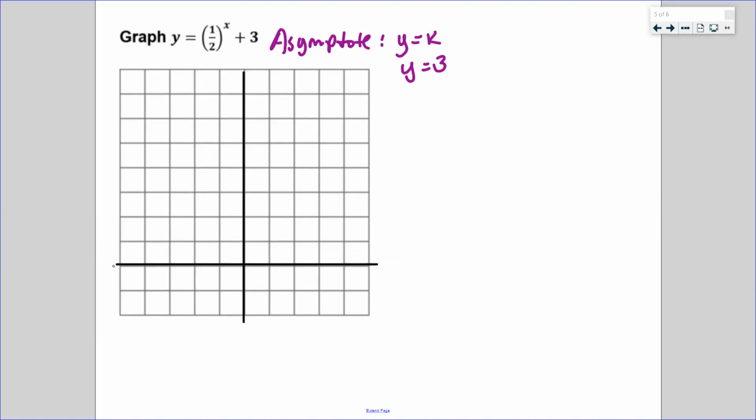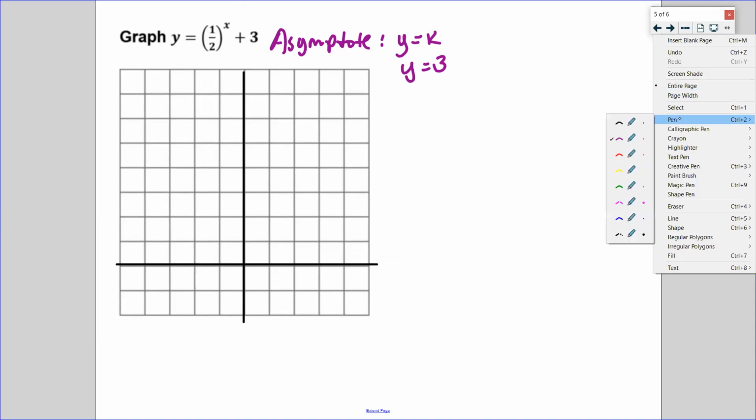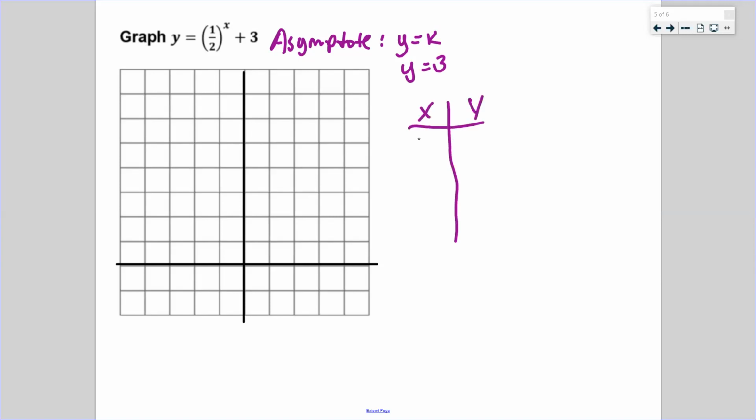Awesome. Okay, so let's do our t-chart here. So again, it's the same x values I want you to use: -2, -1, 0, 1, and 2.